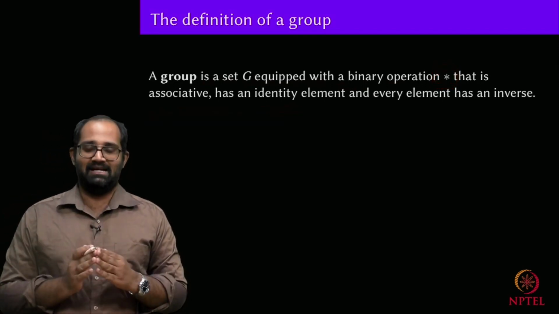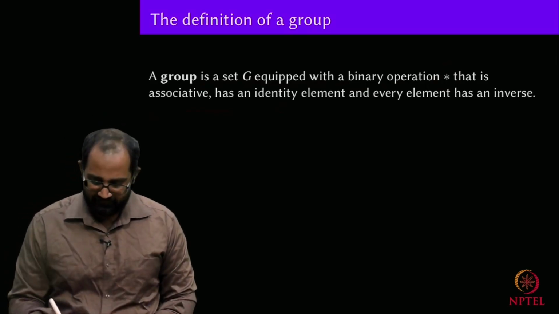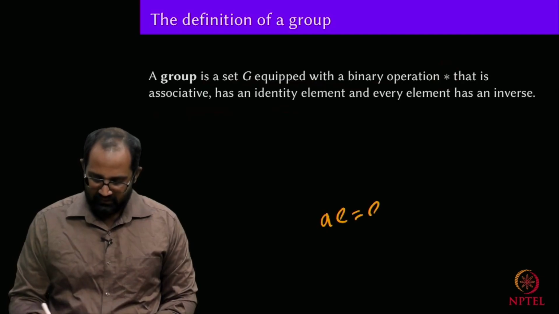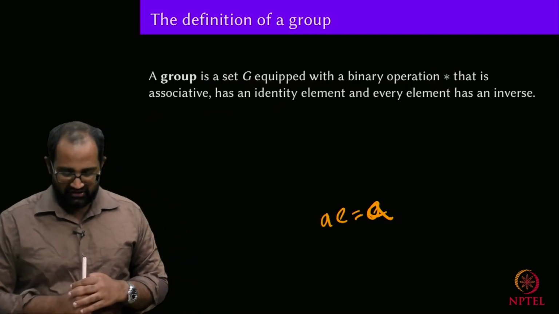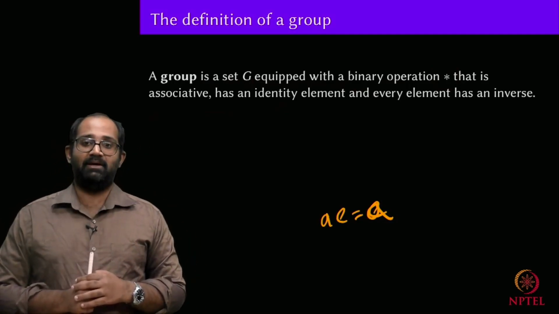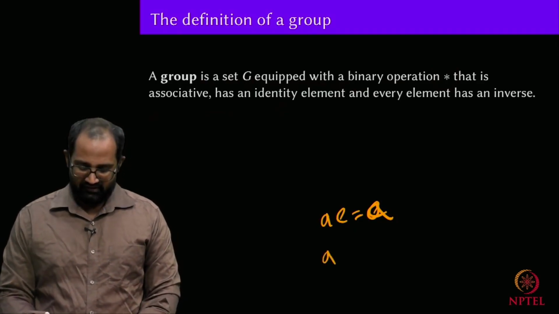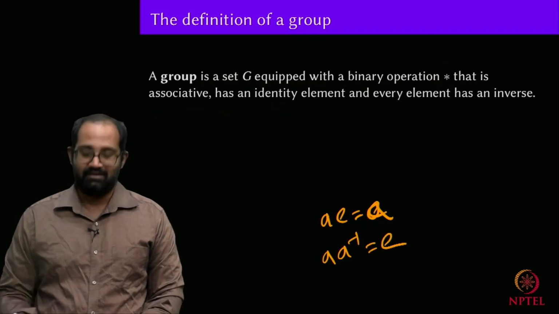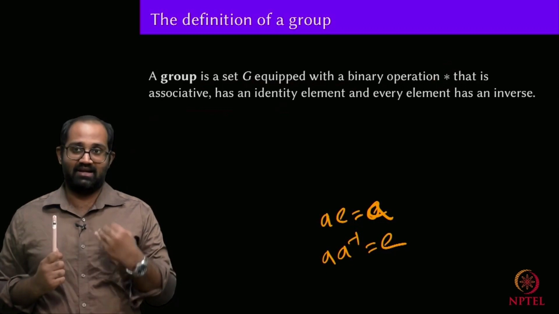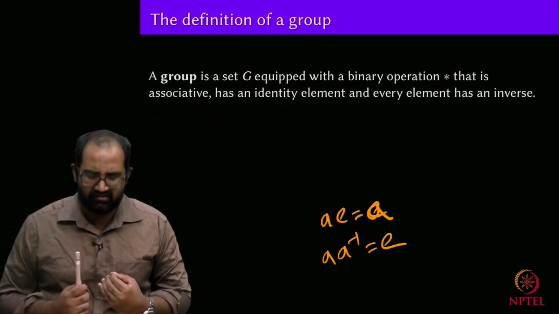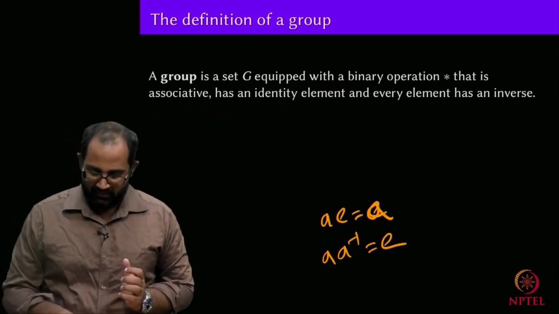There should be an identity element, that means there should be an element E such that A star E equals E star A equals A for every single element A in the set G, and every element should have an inverse, that is, given an element A, there should be an element A inverse such that A star A inverse is E. Now, each one of these terms, associative, has an identity element and every element has an inverse, we have studied in some detail in the previous video on binary operations.